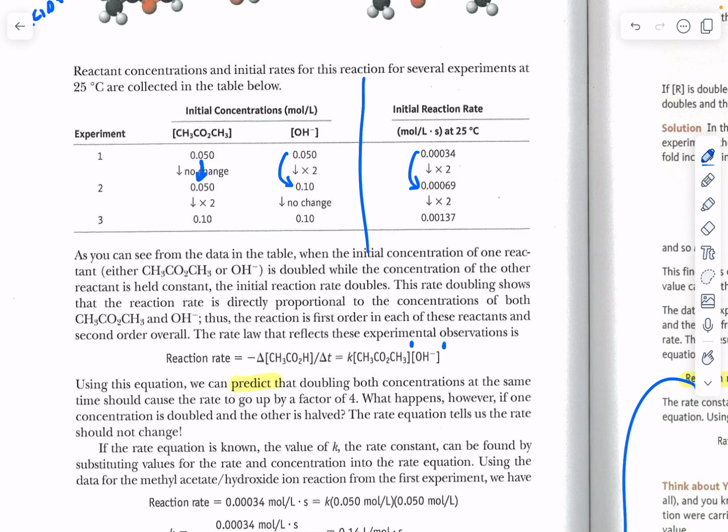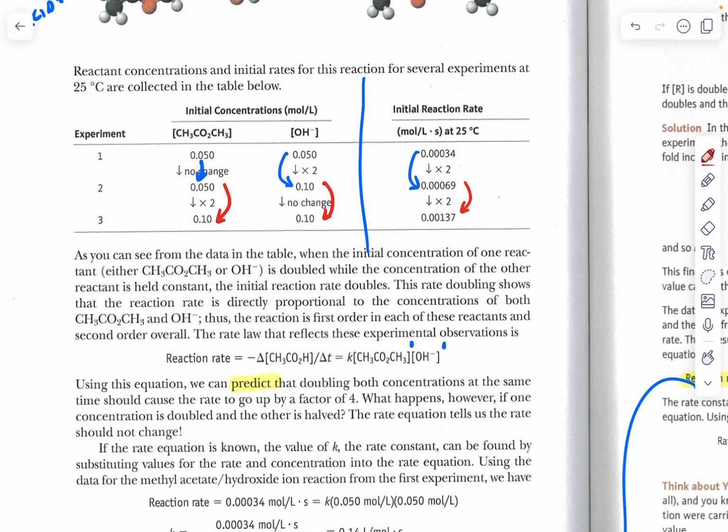We could also say, well, let's hold the concentration of hydroxide constant. I'll go to a different color. Here, the concentration of hydroxide is being held constant, and now we're going to double the molarity or concentration of my methyl acetate. What effect does that have on the rate? That also doubles it.